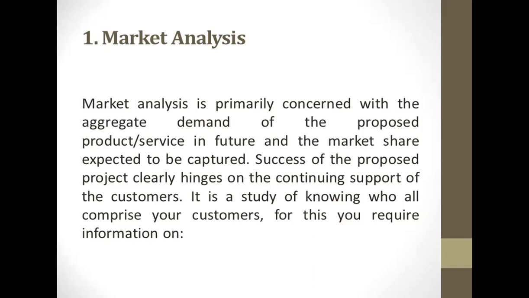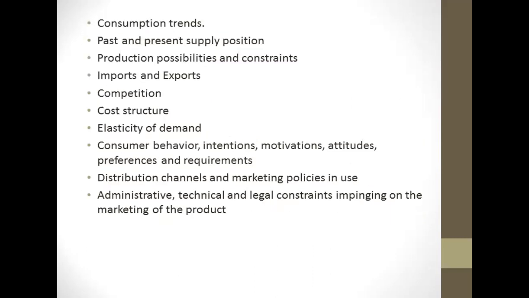For this, you require information on different things. So who are your consumers? Who will purchase your commodity? And to get information on customers, we need some information on the following aspects: consumption trends, past and present supply position, production possibilities and constraints, imports and exports, competition, cost structure, elasticity of demand, consumer behavior, intentions, motivations, attitudes, preferences, requirements, distribution channels, and marketing policies in use, administrative, technical, and legal constraints impinging on the marketing of the product.